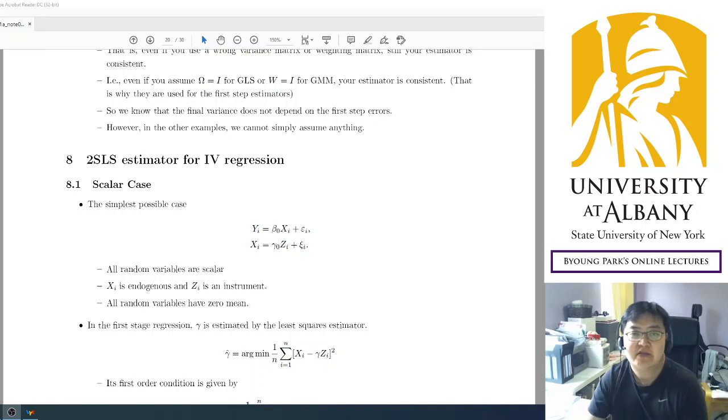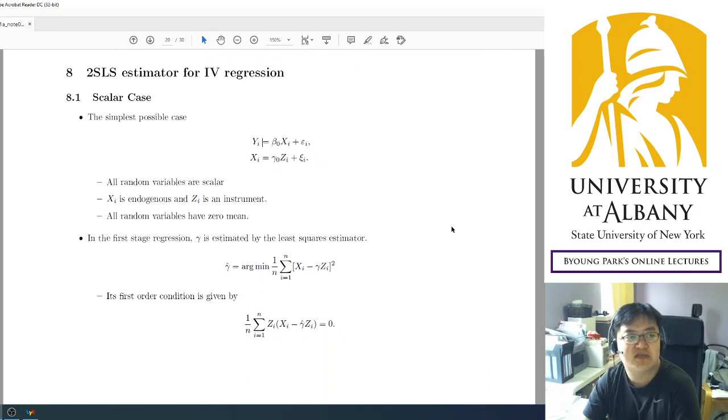Hello. Now I'm going to apply the two-stage estimators' asymptotic results to the two-stage least squares estimator for the IV regression model. Complicated, there are.